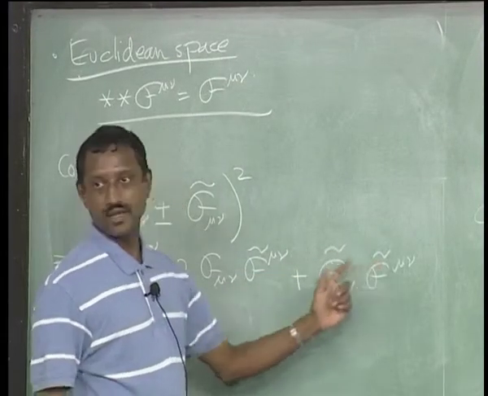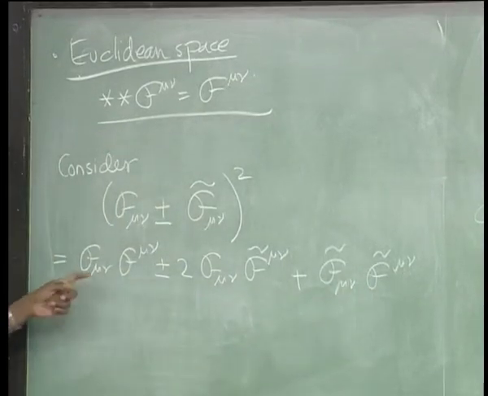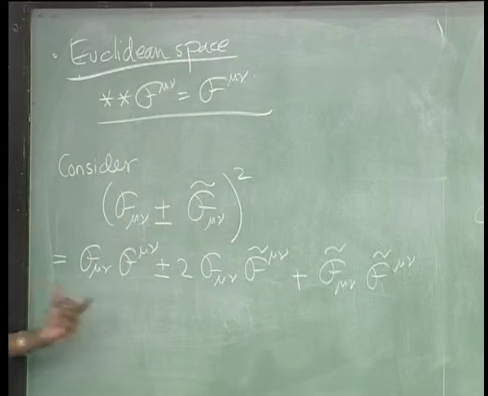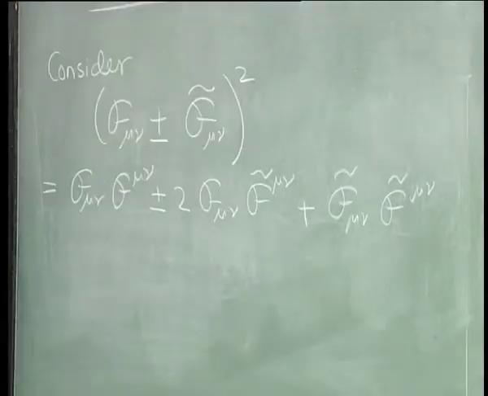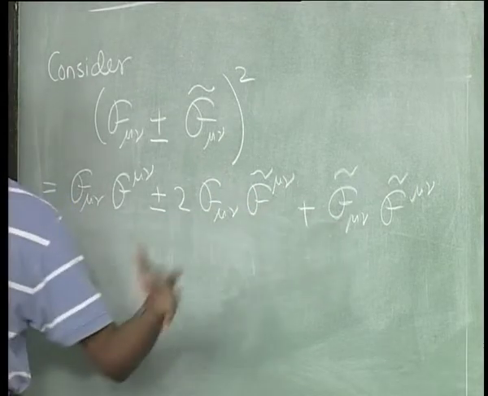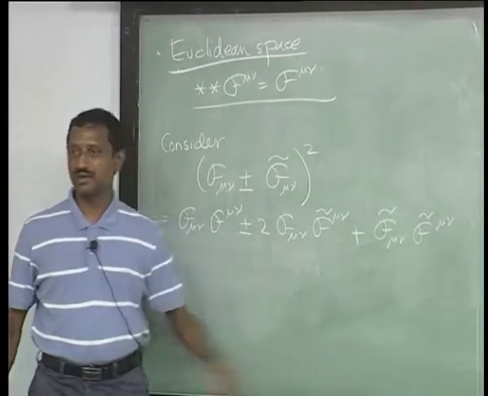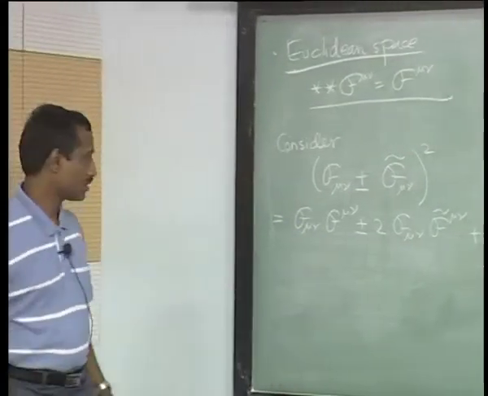If you look at f tilde squared, this is actually the same as this. Think about what happened: this quantity was e square minus b square in Minkowski, but it became e square plus b square. So you can see that exchanging e and b, even with the minus sign and all, it does not matter, these two will give you the same thing. Okay.